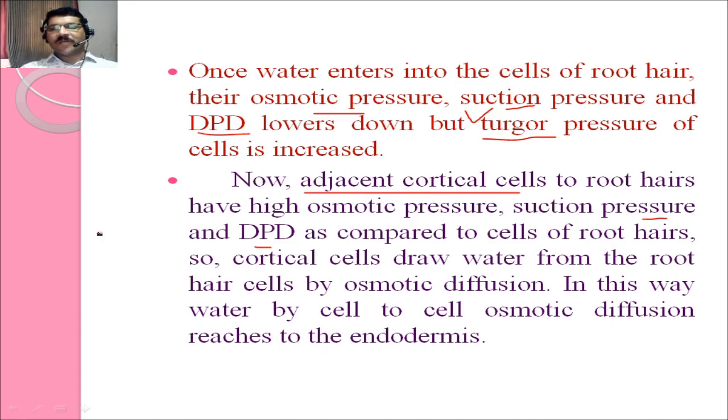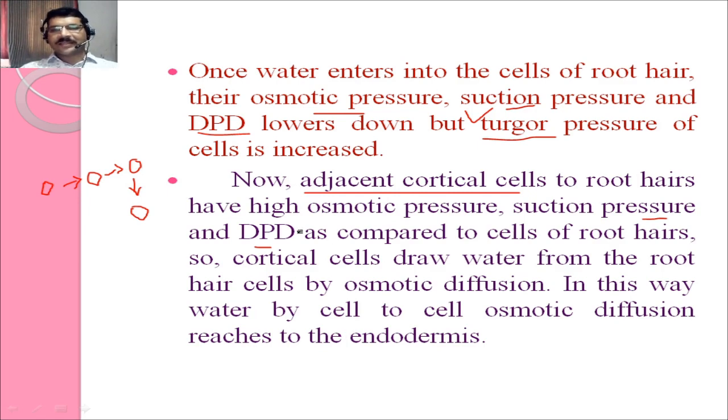So first of all, water was present in the soil, and it is transferred into the root hair cells by the process of osmosis. From the root hair cells, it is passed on to the cortical cells, and from the cortical cells it reaches the endodermal cells, that is, the endodermis. This travelling of water is due to osmotic diffusion, and this is known as the osmosis process.